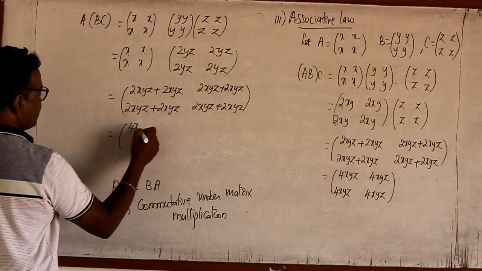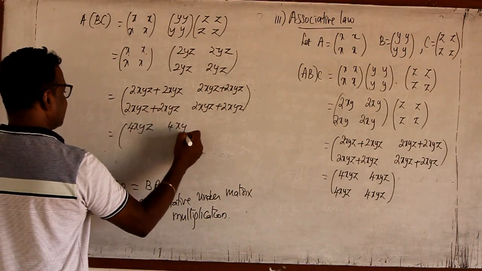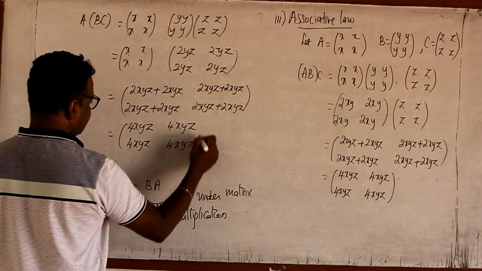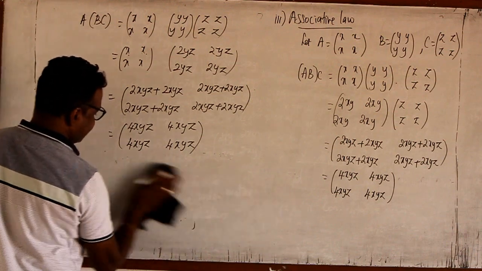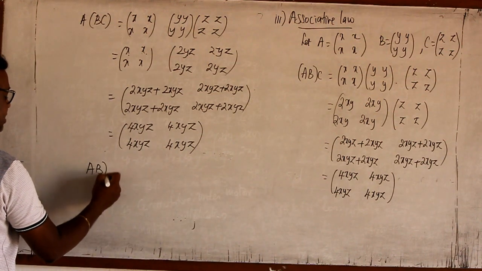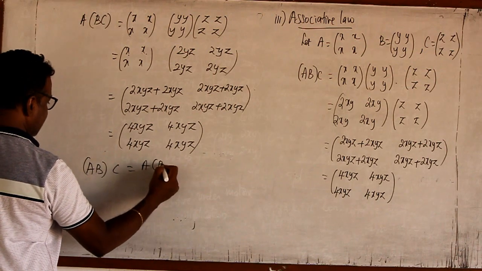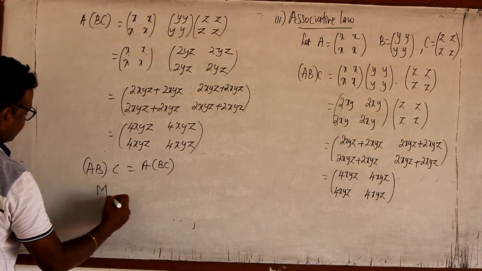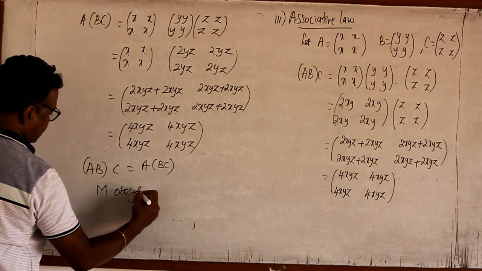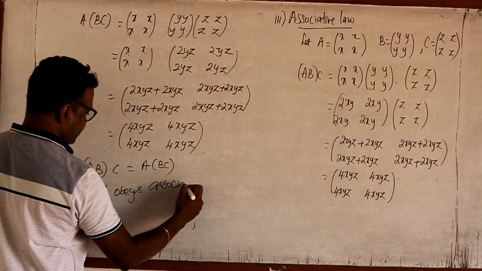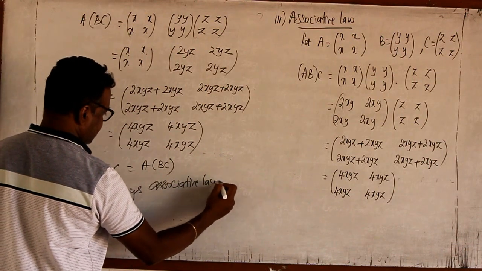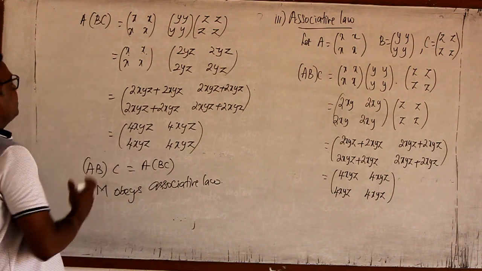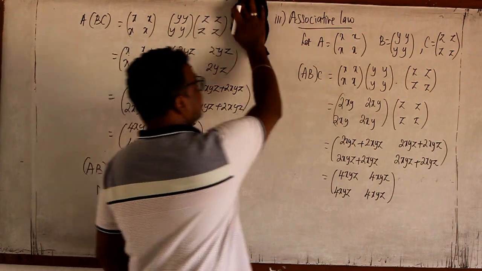Therefore it is 4xyz, 4xyz, 4xyz, 4xyz. So from this we can understand AB into C equals A into BC. Therefore M obeys the associative law. So we see that this set M is obeying closure law, commutative law, and also associative law.